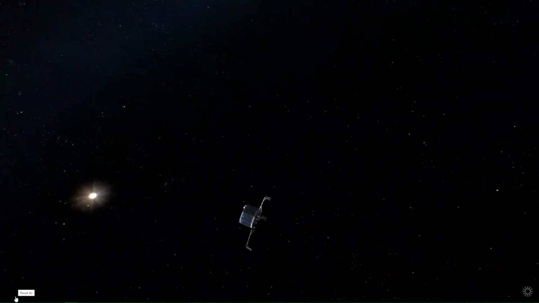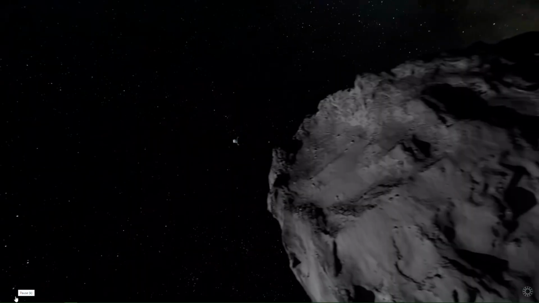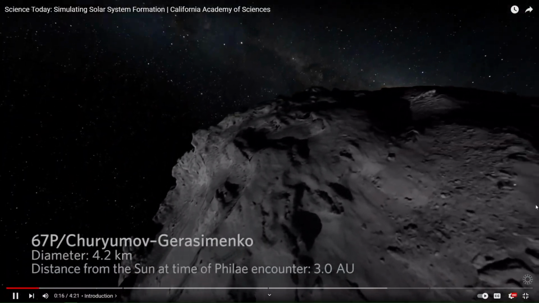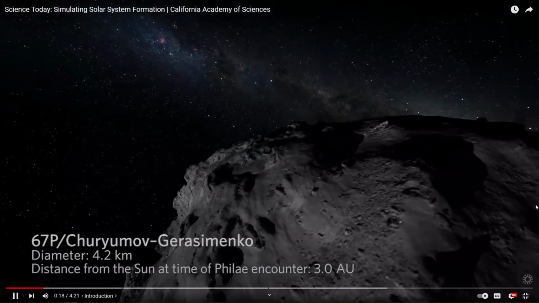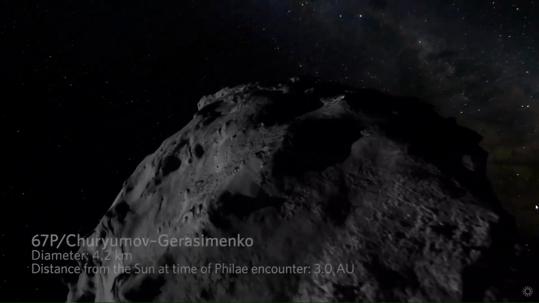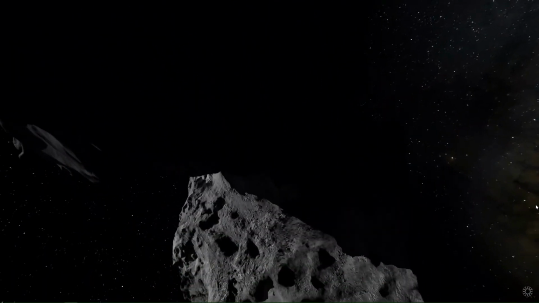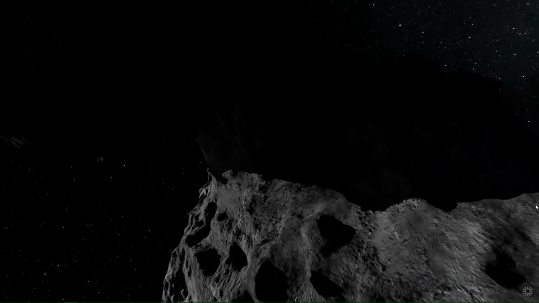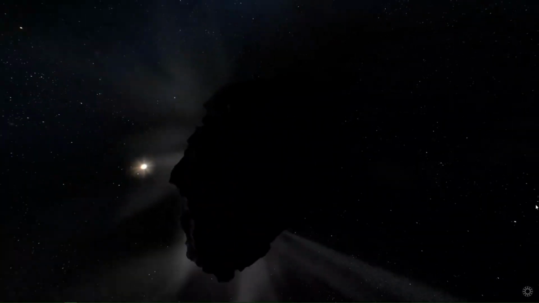In the past few decades, our spacecraft have visited many exotic locations in the solar system, including icy comets that have orbited the Sun since the planets were still taking shape.